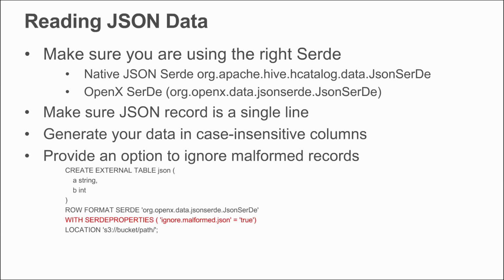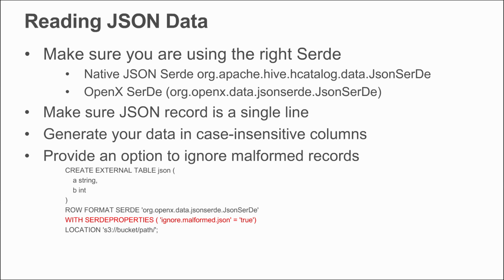A couple of things you need to note: make sure that your JSON record is a single line. Make sure you generate data in a case-insensitive format. Athena uses case-insensitive column names, so if you have two column names with the same spelling, but one has caps and the other doesn't, we will report those as duplicate partitions.